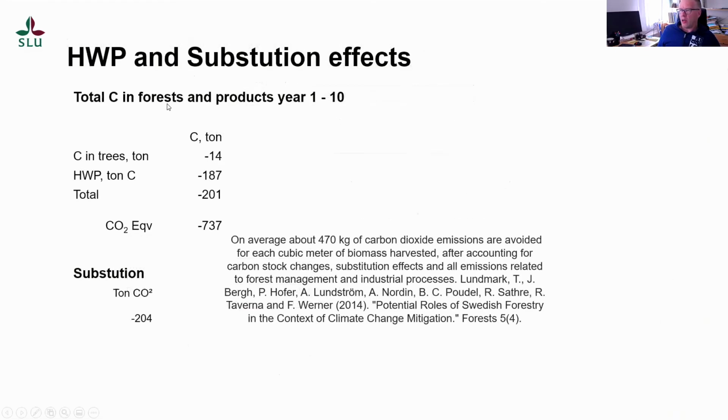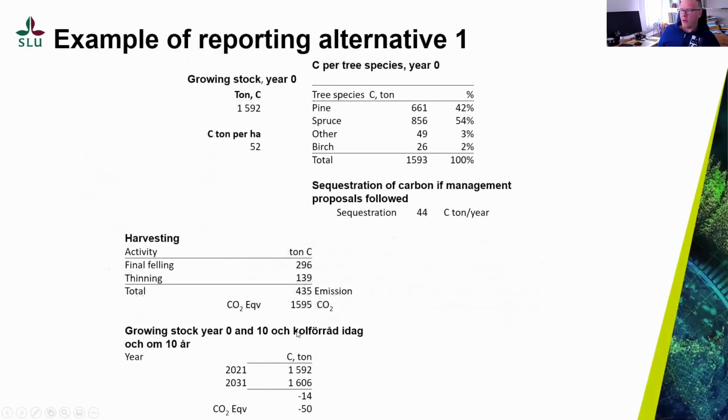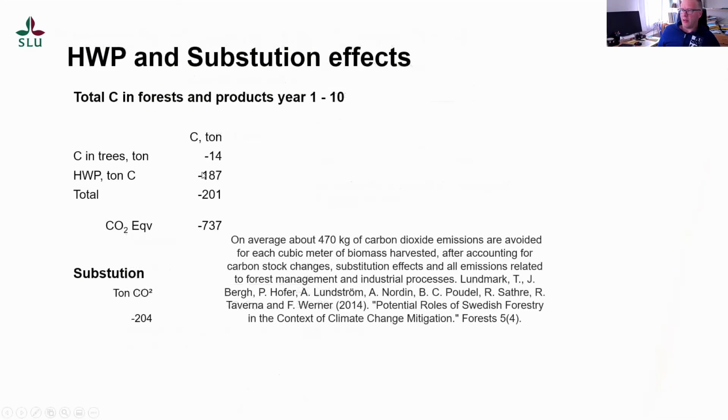If you look at harvested wood products here, the growing stock was increasing a little bit, but after 10 years, of the 435 tons, it's still 187 that is stored in buildings, for instance, because part of this harvesting was timber used for constructions.